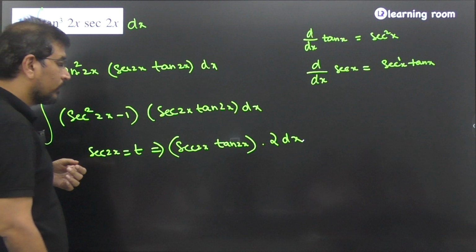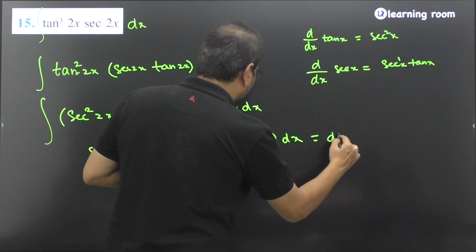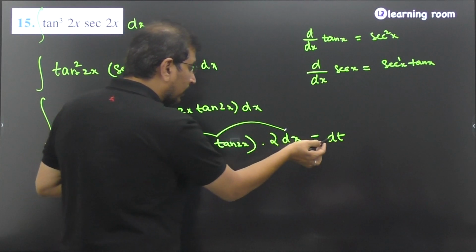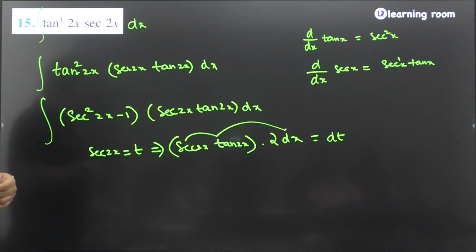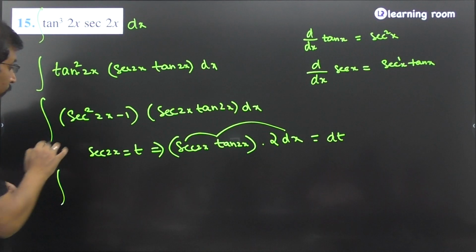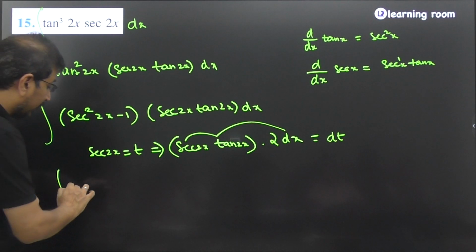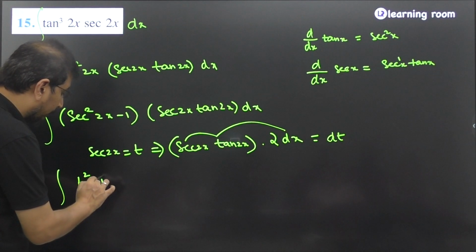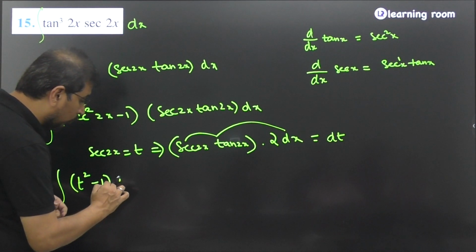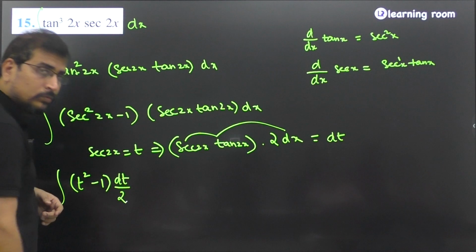So this will be equal to dt. So secant 2x into tan 2x dx is equal to dt divided by 2. So what will happen to this expression? Integral of secant square 2x minus 1 will become t square minus 1, into dt divided by 2.